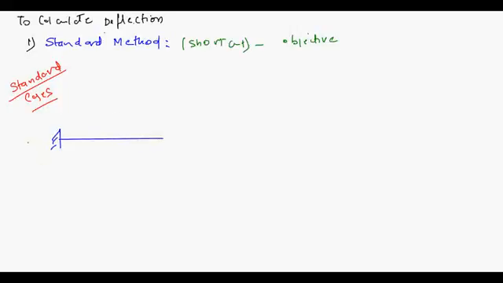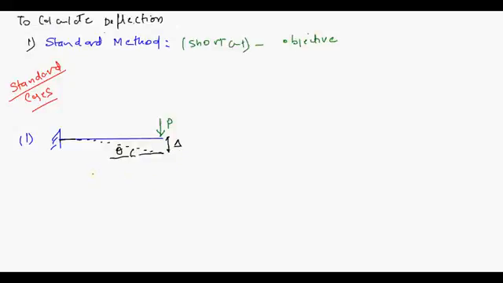Suppose the first one that you are having is a cantilever with a point load P acting at the end. It will deflect something like this, the dotted one. This is your delta, and somewhere here, this is your theta. You will have some deflection and some rotation at the free end.